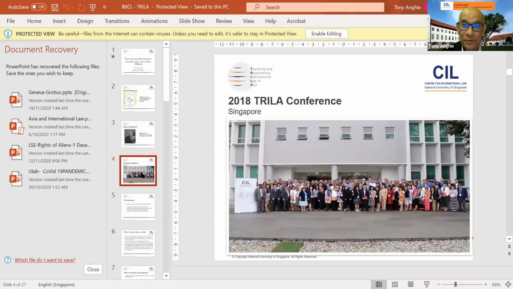We held a conference in Singapore in 2018, the TRILA conference. And the basic purpose of the conference was to get some sense from participants all over Asia, and not just in Asia, but also participants from Africa and Latin America and Europe, and from the United States as well, about these issues about teaching in international law.